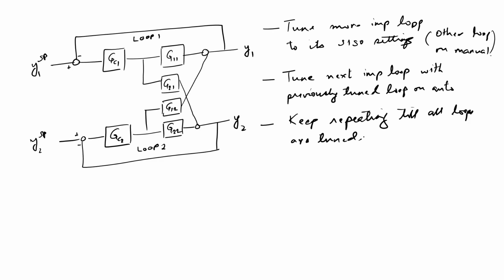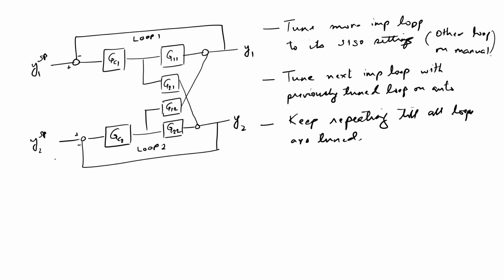And in this very simple y1 y2 example, you tune loop 1 with loop 2 on manual, and loop 1 is therefore tuned to get some very tight tuning such as Ziegler-Nichols or any other setting, or closed loop damping coefficient of 0.5 kind of tuning, or a maximum closed loop log modulus of 2 dB for loop 1.